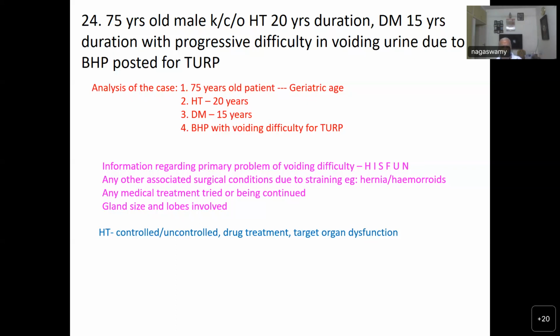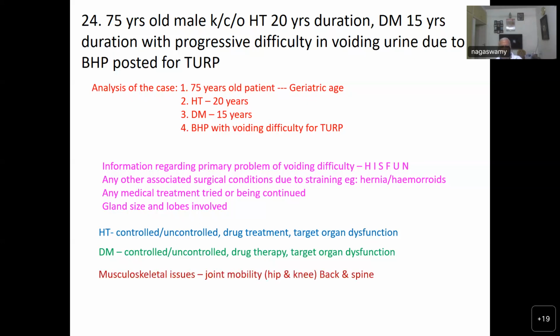So you must ask questions with regard to anginal pain, or stroke, early stroke and recovered, any visual disturbances, or whether he has been diagnosed with any renal involvement like albuminuria. Similarly for diabetes, you must find out whether it is controlled or uncontrolled, what drugs the patient is taking, any drugs which need to be modified, and whether the patient again has any target organ dysfunction.